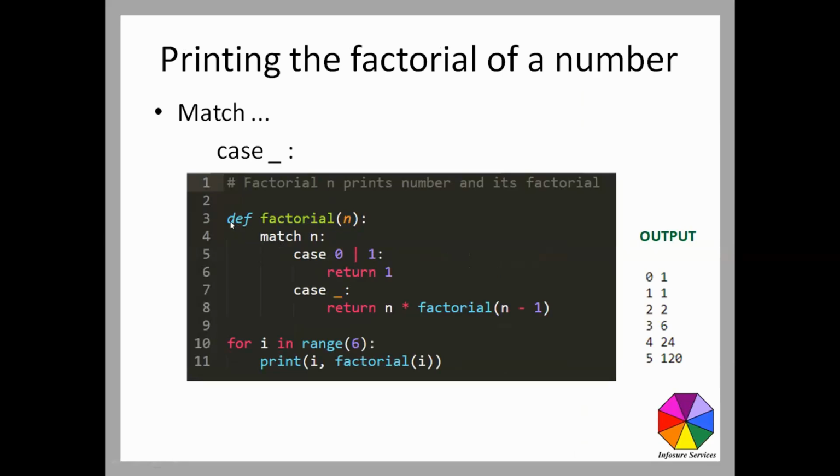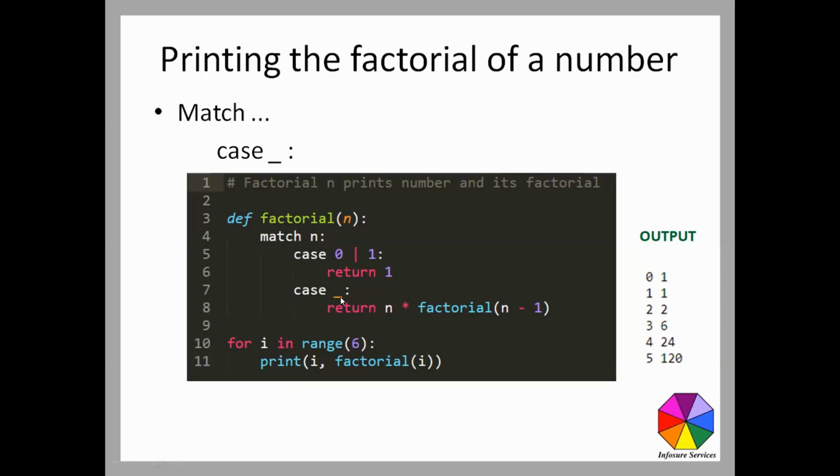I've just passed the function definition with n being the number to which you're going to calculate the factorial, but match n means when n, when it's like saying when values n, case of 0 and 1. Case of 0 and 1 means for 0 and 1.